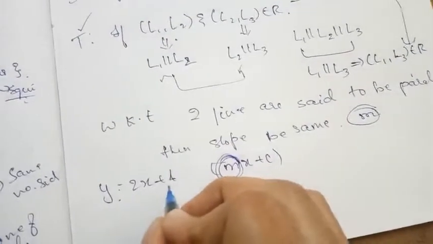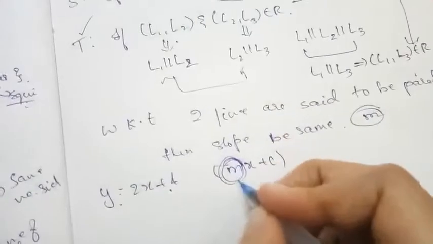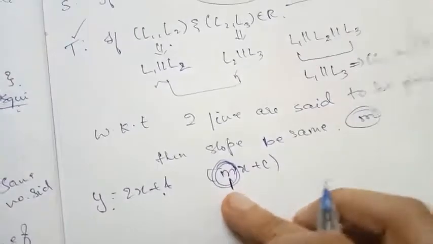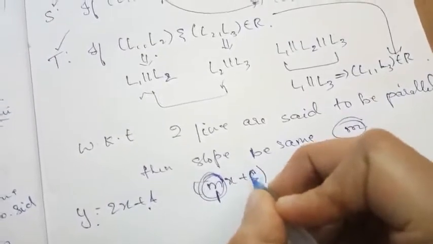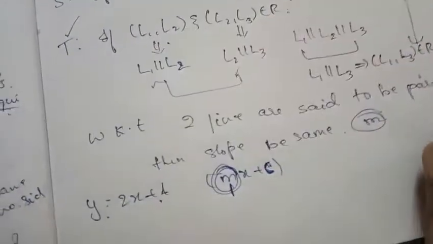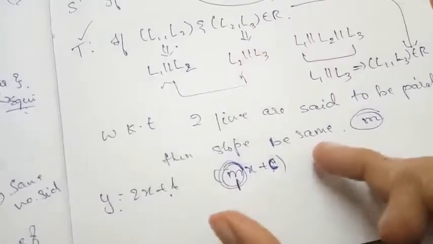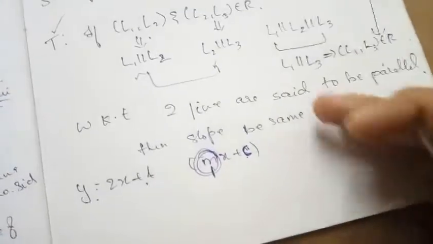So y equals 2x plus 4. The set of all lines which are parallel to this means we need to keep the slope constant; it should not change. But c, which is the intercept, can vary. If we go on varying the intercept, all the lines we get will be parallel.